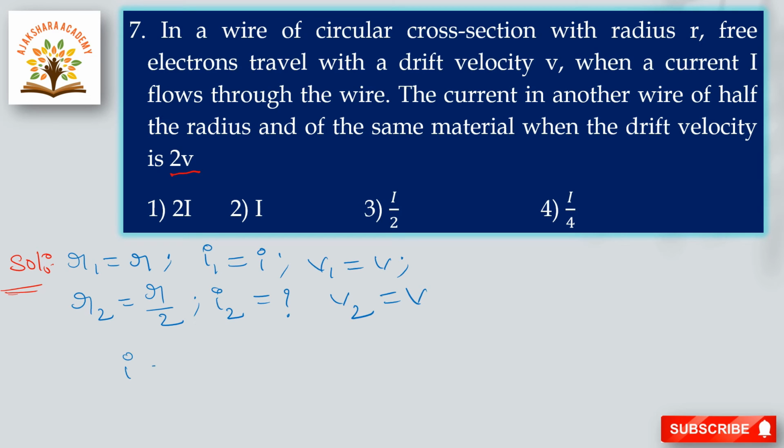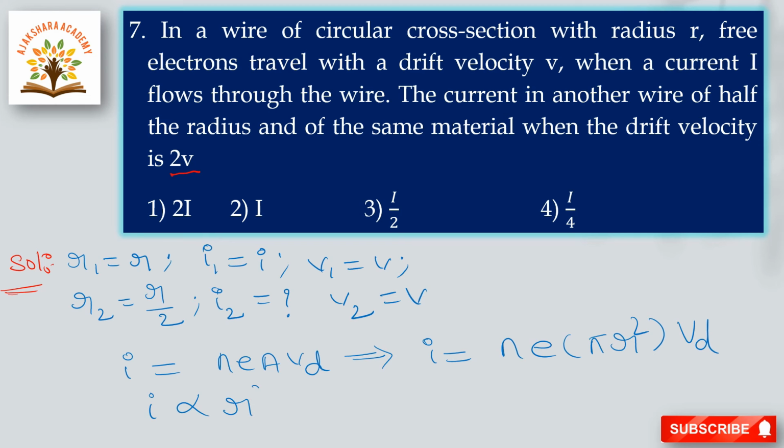Current I is equal to NEA into Vd. So I is equal to NE into pi R square into Vd. So current I is directly proportional to R square into Vd.